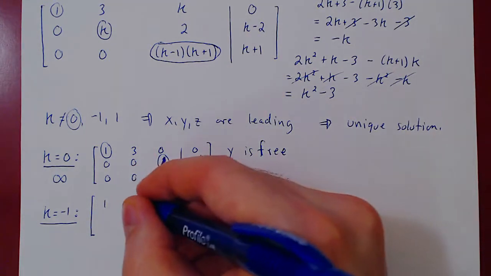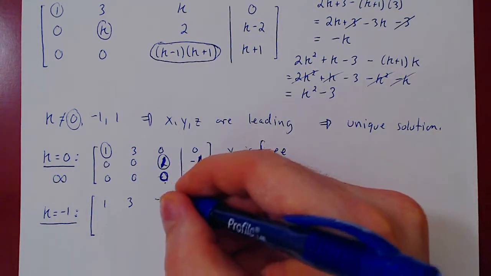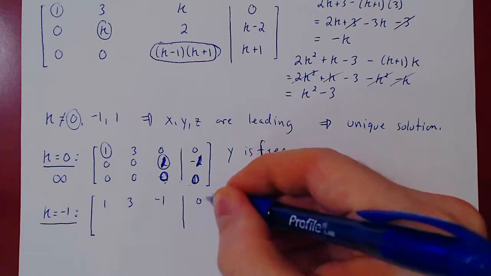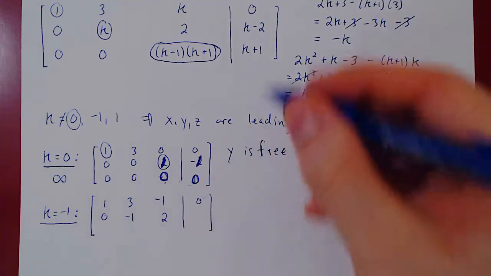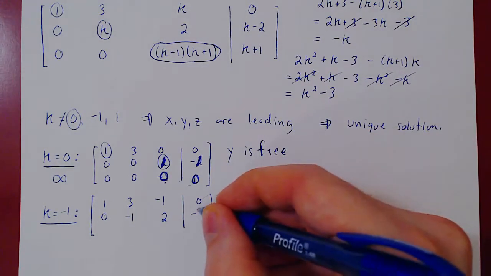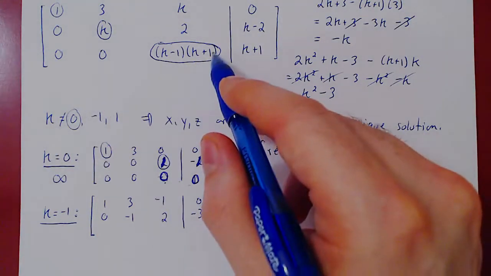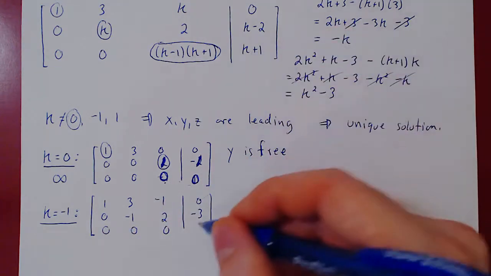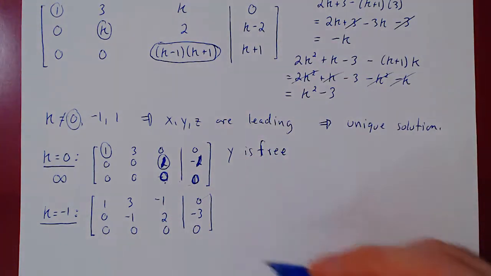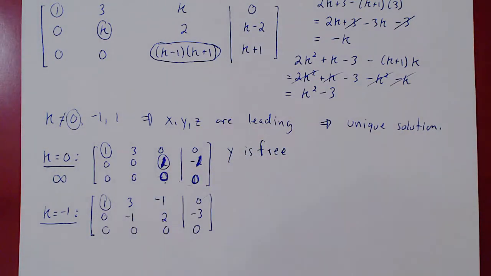So we'll get 1, 3, negative 1, 0, 0, negative 1, 2, negative 1, negative 2, negative 3, 0, 0, negative 1 plus 1 is 0, with a row of 0 coefficients. Negative 1 plus 1 is 0. If you notice, x is leading.